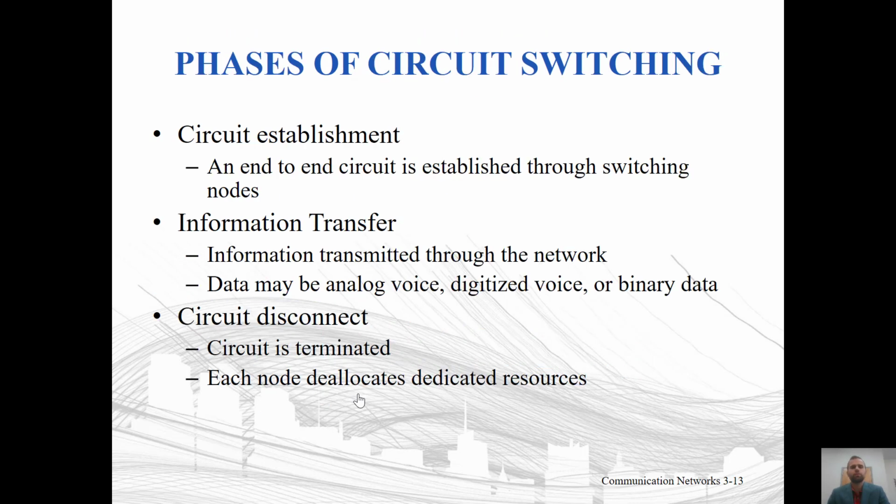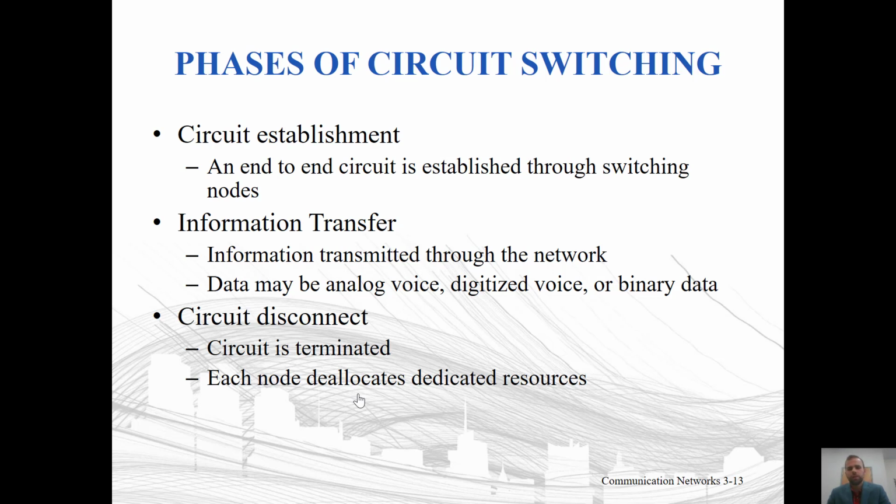So let's hone in a little bit on the phases of circuit switching. Step one is circuit establishment. An end-to-end circuit is established through the switching nodes. This introduces a little bit of overhead up front, but the good news is once the circuit is established, you can transfer information freely over the network.